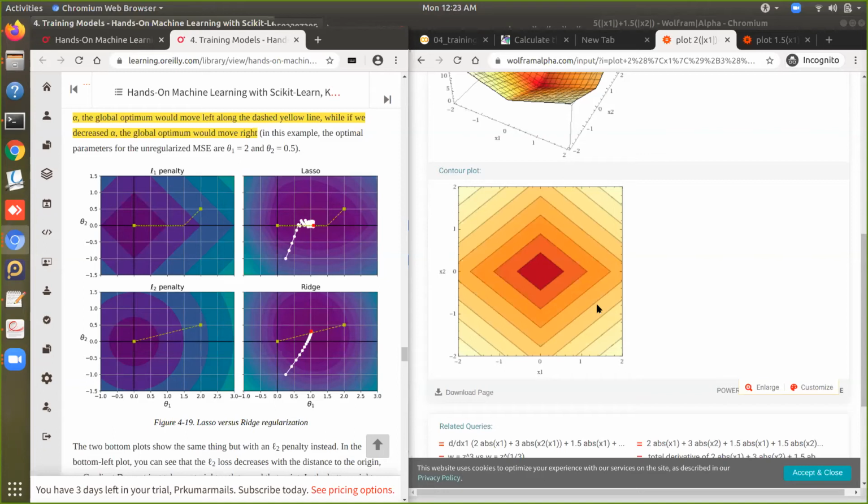Yeah, and also we should mention that in all of these figures, the thing that you should be guided by is the two green squares, or yellow, I don't know if they're yellow or green, but the two squares. The one on the left is the minimum for the L2 part of the model only, but the green square on the right is the optimum for the model only, without the regularization term, right?